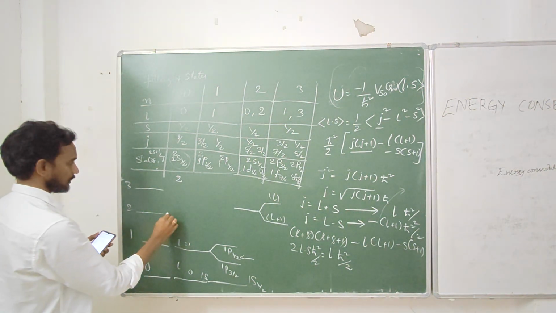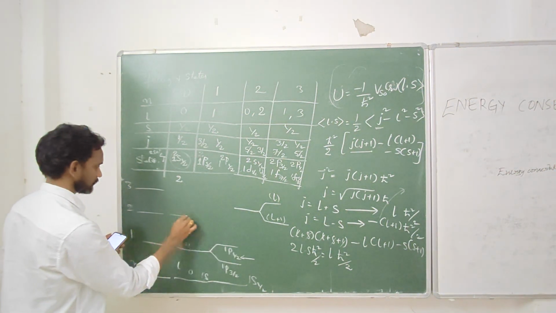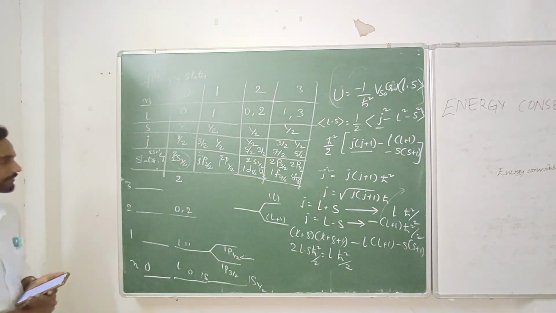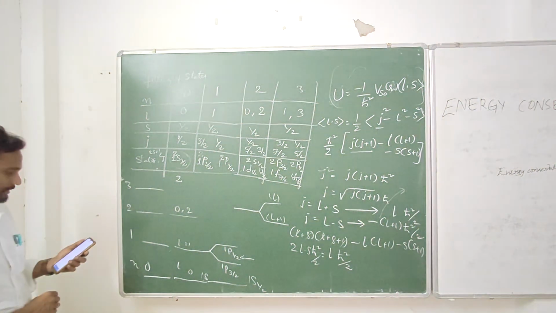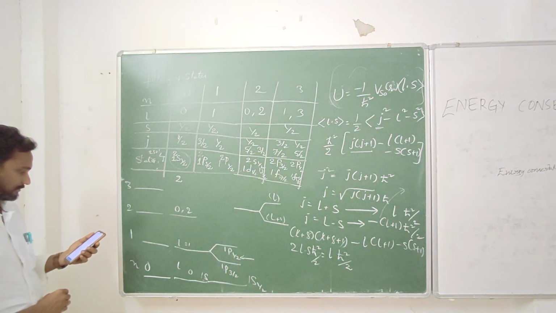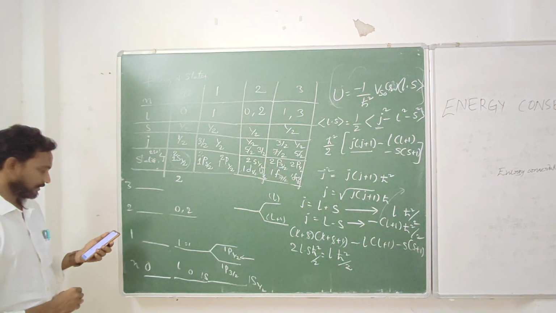That's about it. And here 0 and 2. So your S orbital will remain as it is, 2s and 1d.